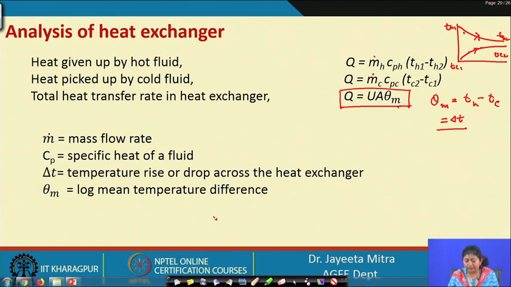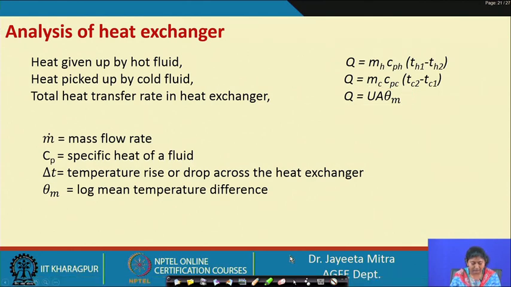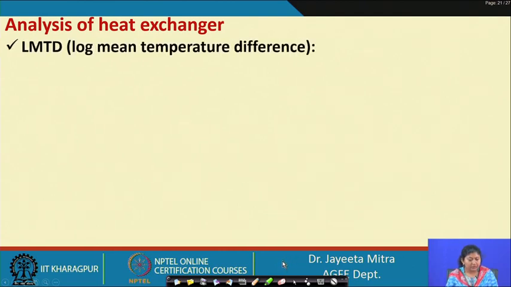Okay. So, we can write this Q equal to U A delta T, signifying that delta T is the temperature difference, and we can also write it as U A delta T m, where delta T m is the log mean temperature difference between these two fluid streams. So, what is log mean temperature difference?